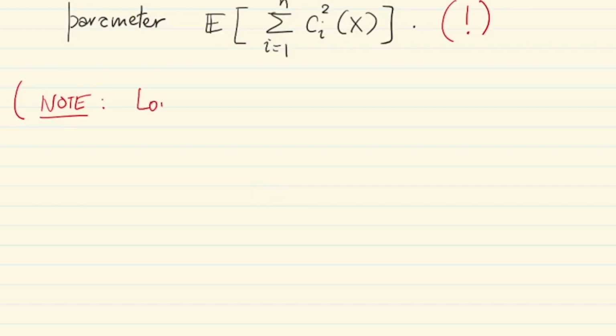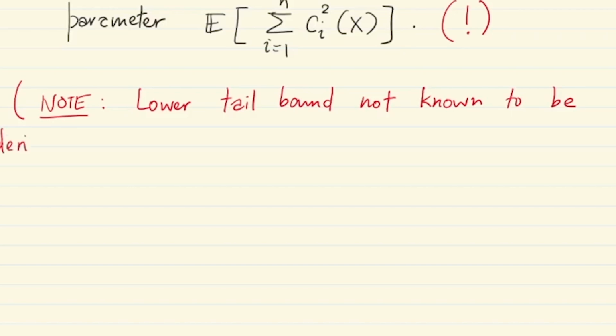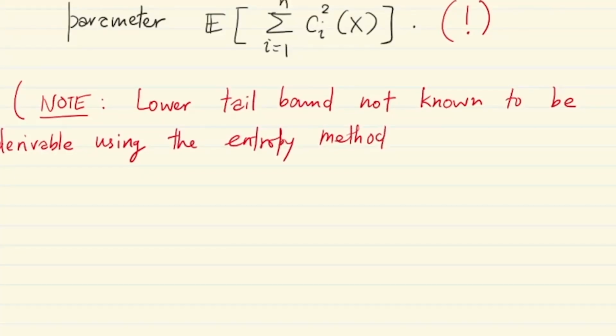So the lower tail bound is not currently known to be derivable using the entropy method alone, without perhaps additional assumptions that have to be made.